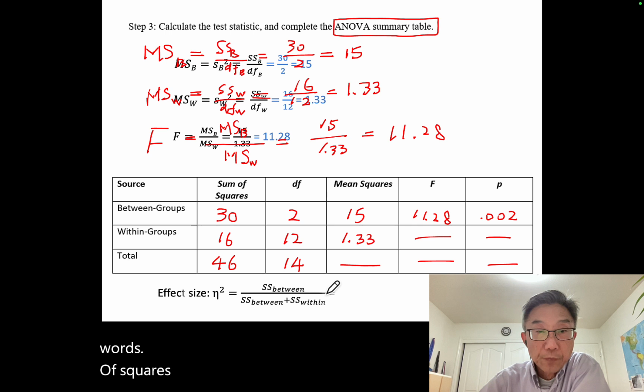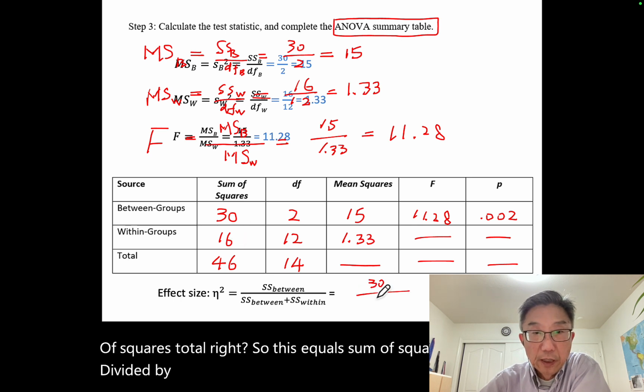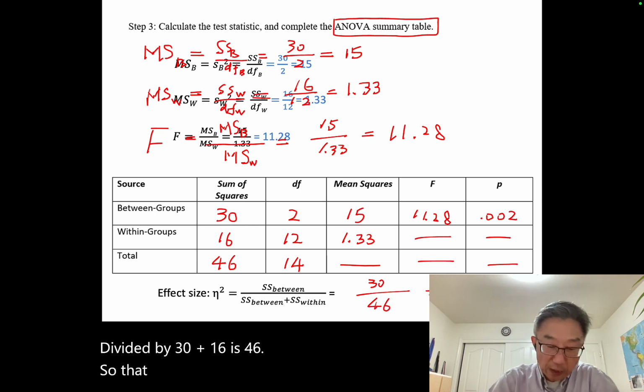So this equals 30 divided by 30 plus 16, which is 46. So that equals 30 divided by 46. It's a very, very large effect.